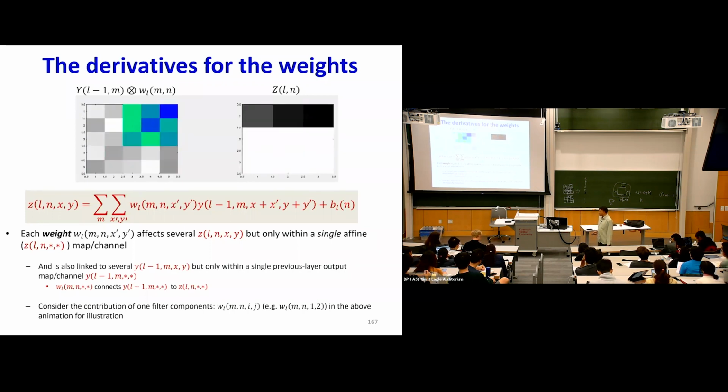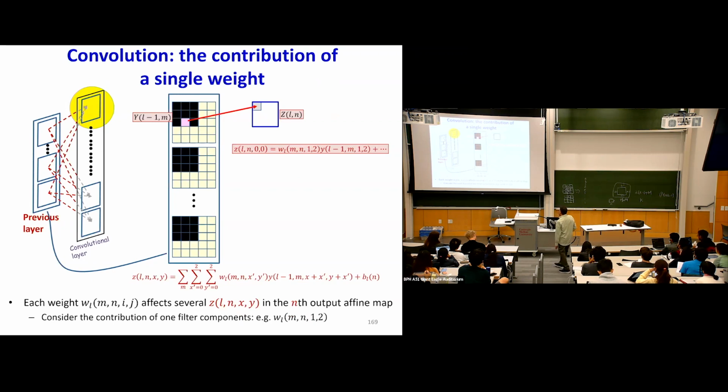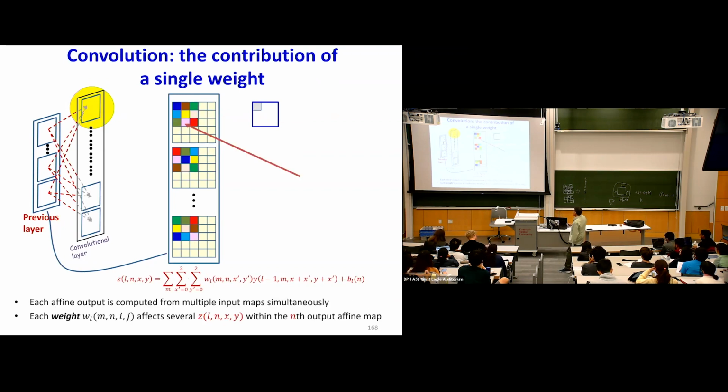So to see how this works exactly, let's consider a single filter. Let's say I have this one output channel and I'm looking at how this input channel, the weights that connect this input channel to this output channel, affect the individual elements of this guy, right? So let's say these are the weights.